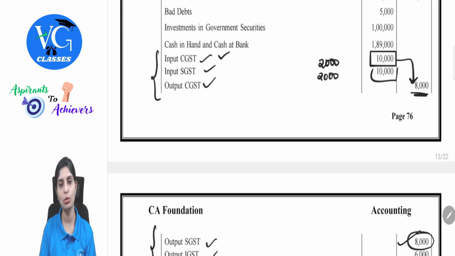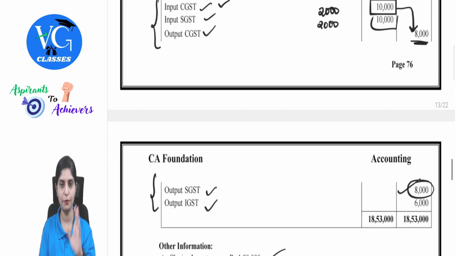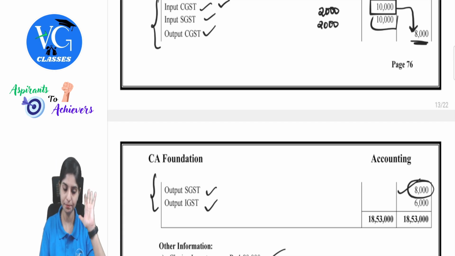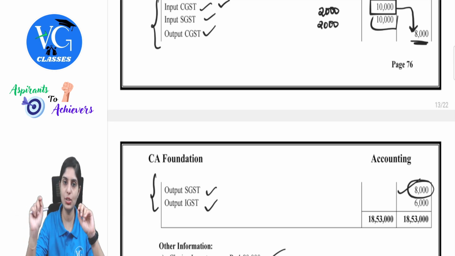Now, in this case, there is one IGST balance. If you remember IGST utilization, IGST credit can be utilized first for IGST itself, and then IGST can also be utilized for paying any CGST or SGST balances. In this case, that was about if there is any excess balance in IGST.